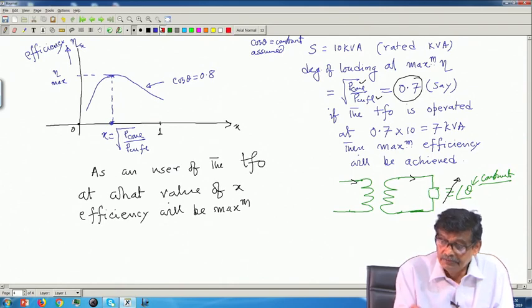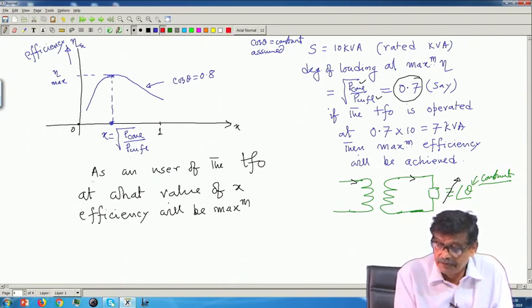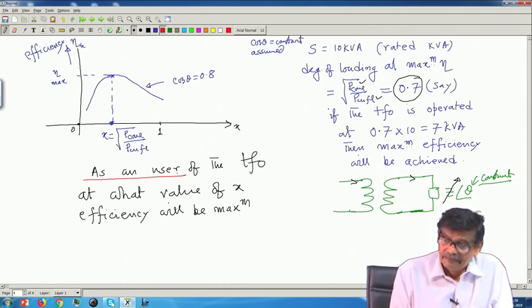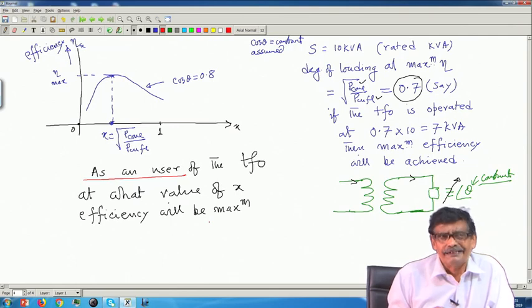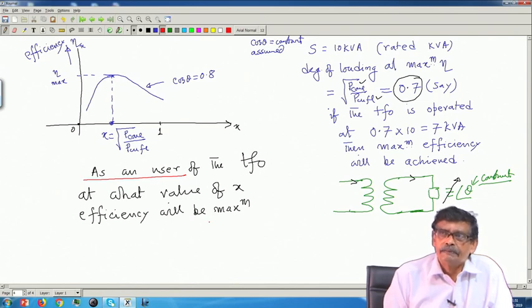So, as a user of this transformer, at what value of x efficiency will be maximum? Do I have a choice for that to say, okay, I have purchased a transformer, let its maximum efficiency occur, should I say at x equal to 0.5 or x equal to 0.8?